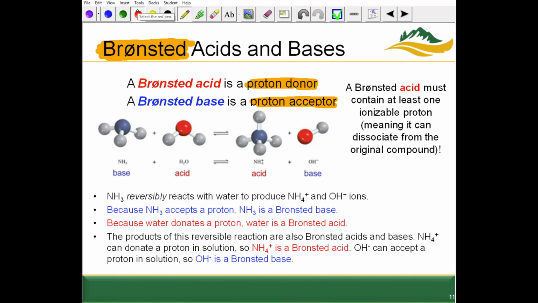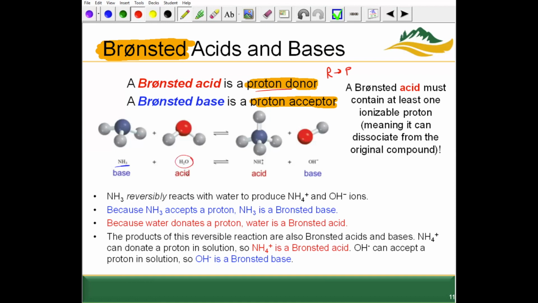What does this look like then? Let's say we have ammonia and then we have water. Let's figure out what's a Bronsted acid and what's the Bronsted base here. For a Bronsted acid, we need to see that it donated a proton when we go from reactants to products. Here on the reactant side, we have H2O for water.